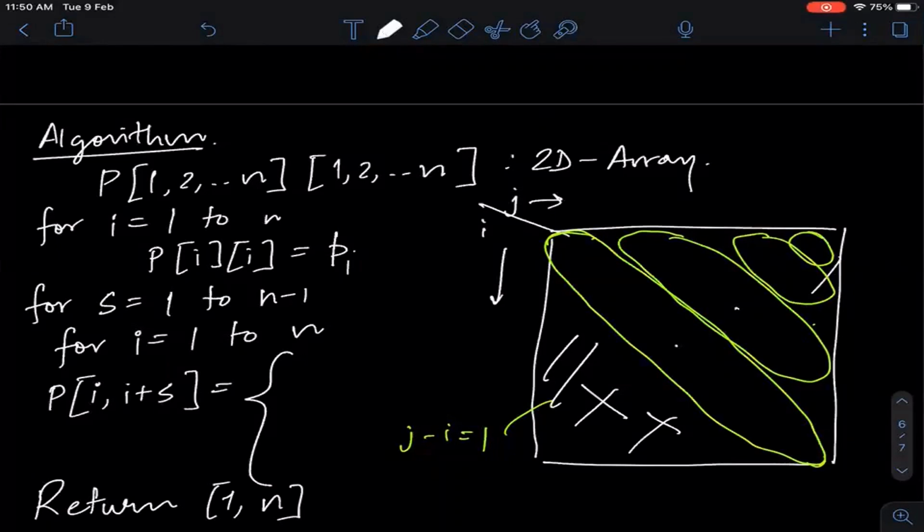Now think of what you need to do for each of the elements. For each entry, you actually need to take the minimum over the size of this subarray. So if I'm just trying to fill up i comma j, then I just need to go over all the j minus i plus 1 possibilities for computing one entry of this table.